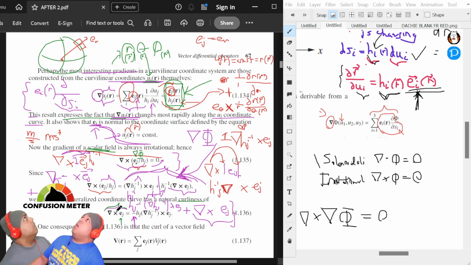That is how I read this. We curl it to find the curliness. We do that by getting rid of this. This equals this minus this, minus h_j, and so on.